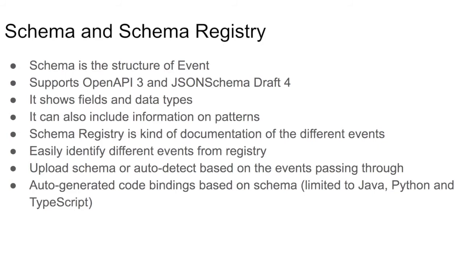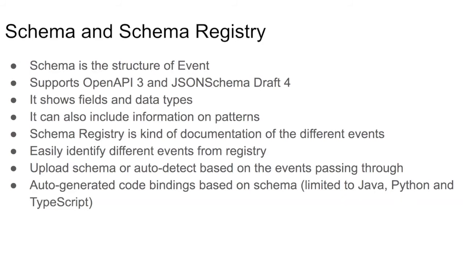So schema and schema registry are nothing but helping developers understand what all events are being passed and what exactly the structure of those events is, so they can actually code properly. Again, that is the purpose of EventBridge, to become the enterprise or account-wide event bus. They assume that there will be a lot of events, and the developer needs some kind of visibility into how the events look.